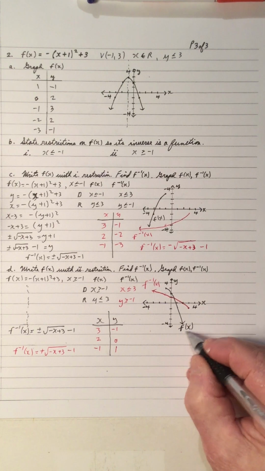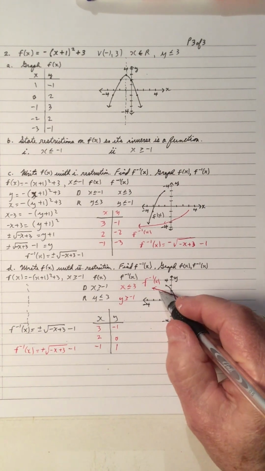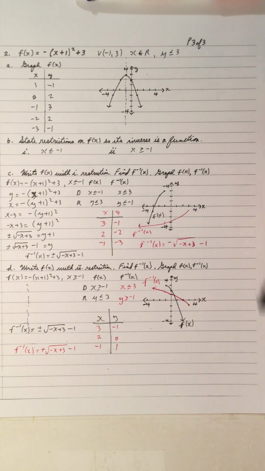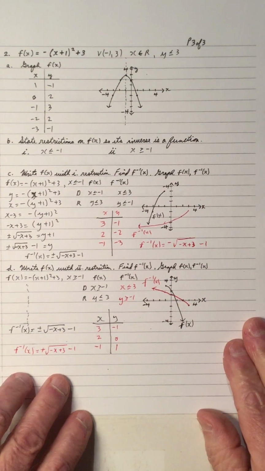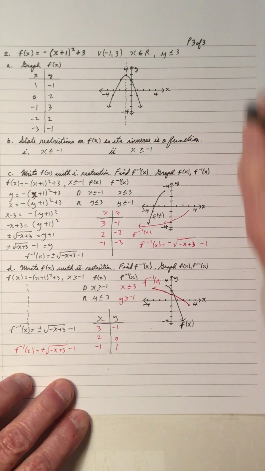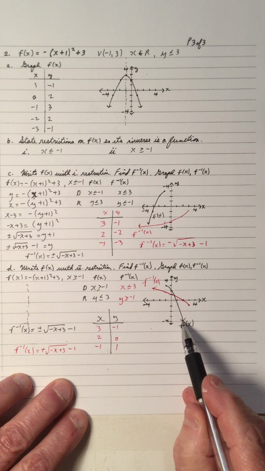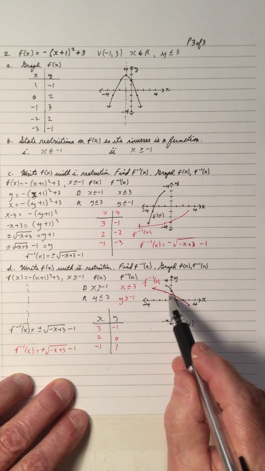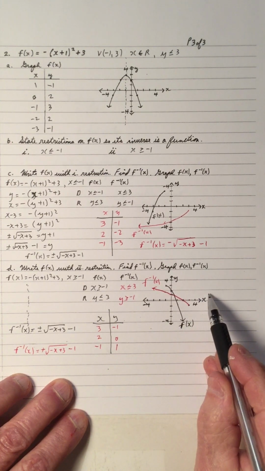So you do one in black, which is the original with the restriction, and there's its inverse right there. So that's a complete review of using the horizontal line test. And again, notice when you do the inverse of this part, there it is, and we get this. The black part here passes the horizontal line test.